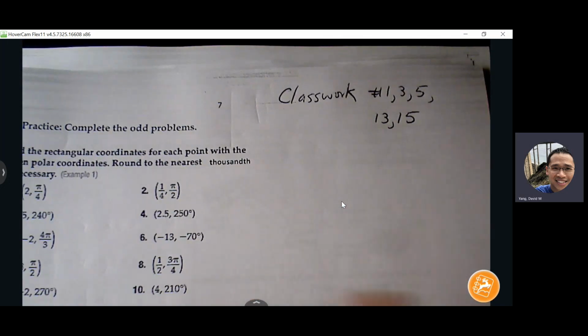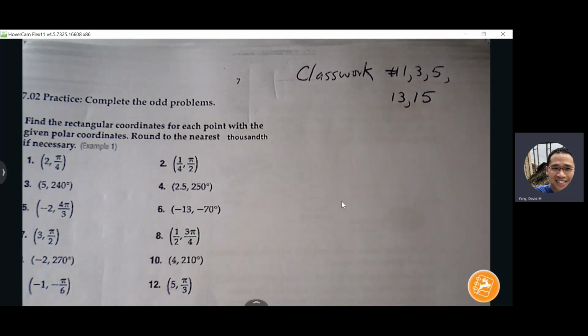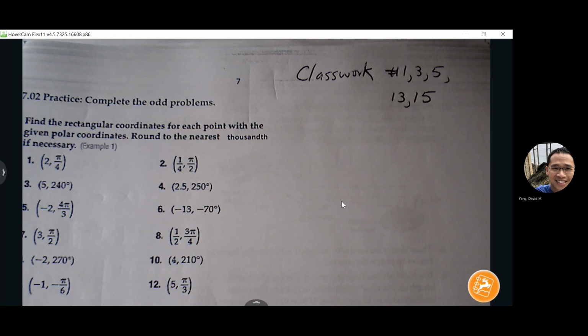Right, your classwork. Page 7. It's a few problems, 1, 3, 5, 13, 15, 5 problems. So for 1 through 5, you're going to use x cosine theta, r sine theta.